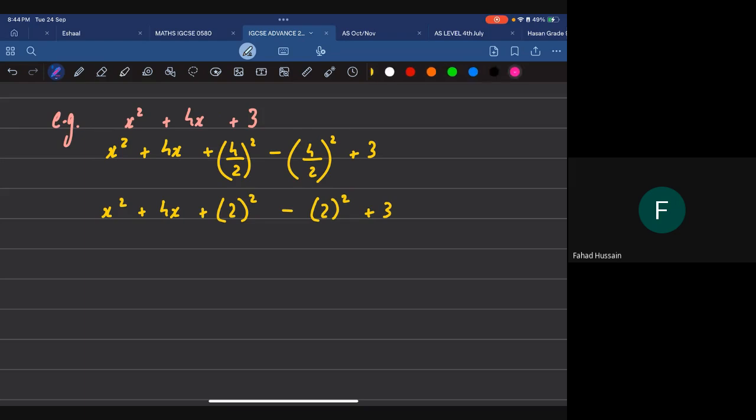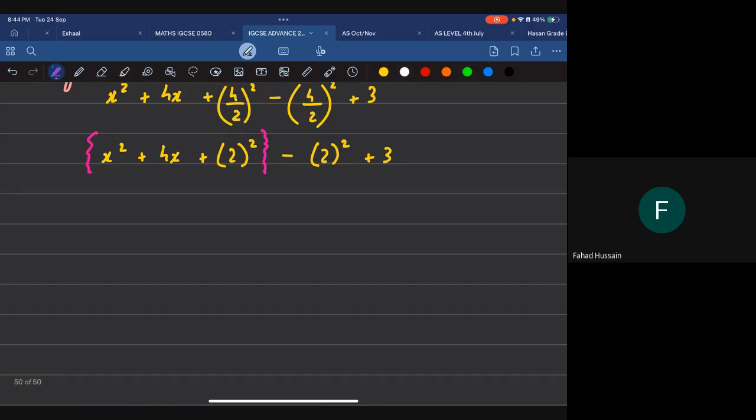Isolate this part alone. Isolating this part alone, what am I going to get? Who can tell me what am I going to get? Because this is extremely similar to a square plus 2ab plus b squared. What am I going to get, guys?